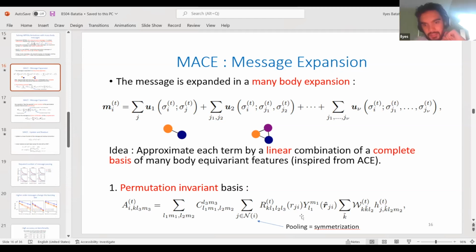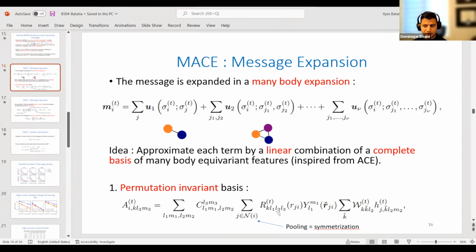Yeah. So this R function is the radial function, and it's actually a learnable function. And you learn a different radial for each type of L in the YLM, and for each type of L in the H, and also for each type of output L. So you have these triple indices here. But how do you make this R learnable?